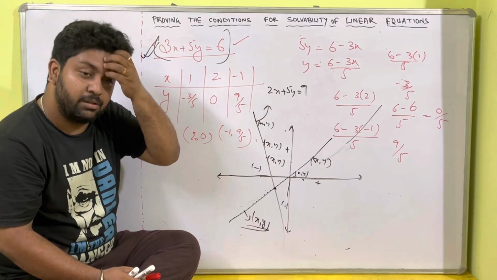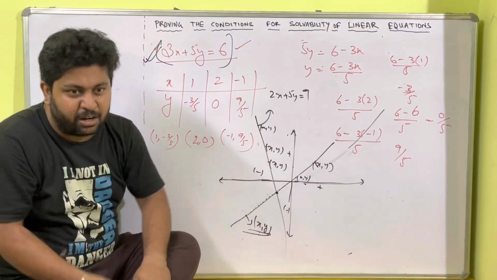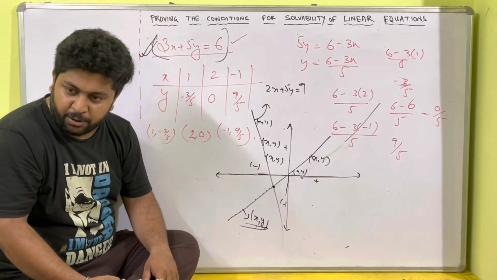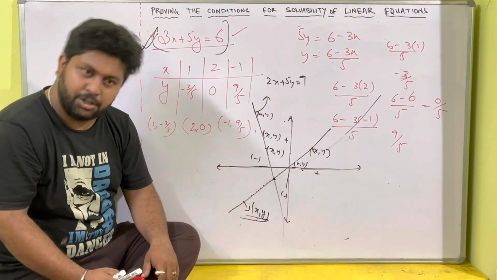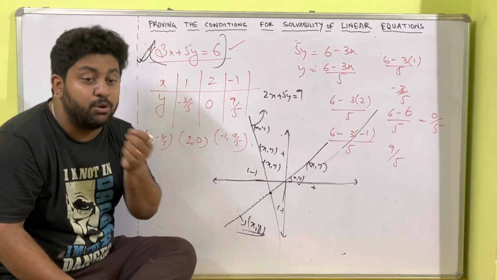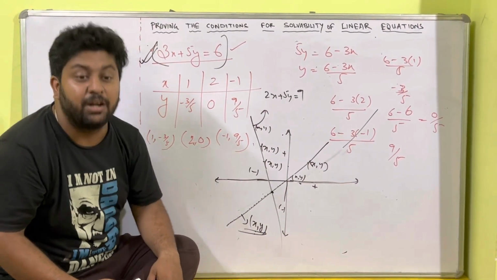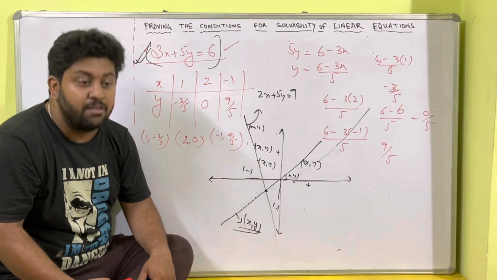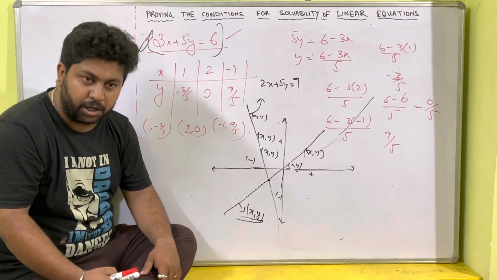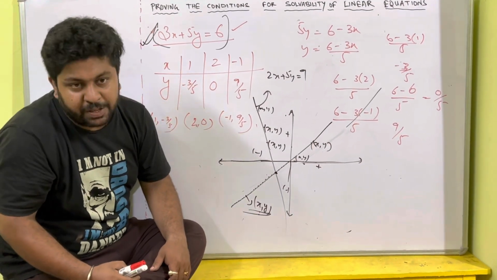Understood? So I think the last video has become more clear from this explanation. Has it become more clear? Sure. So now if I ask you at the end of this video, why do you solve a linear equation? What will be your answer? We solve a linear equation to find out the solution. What is the meaning of the solution?